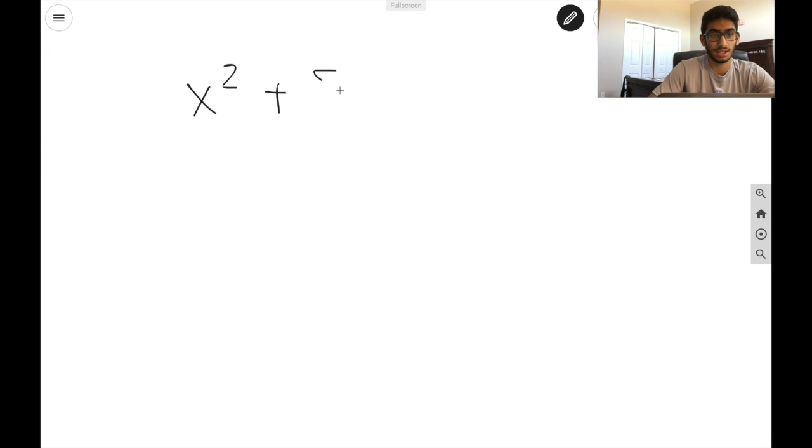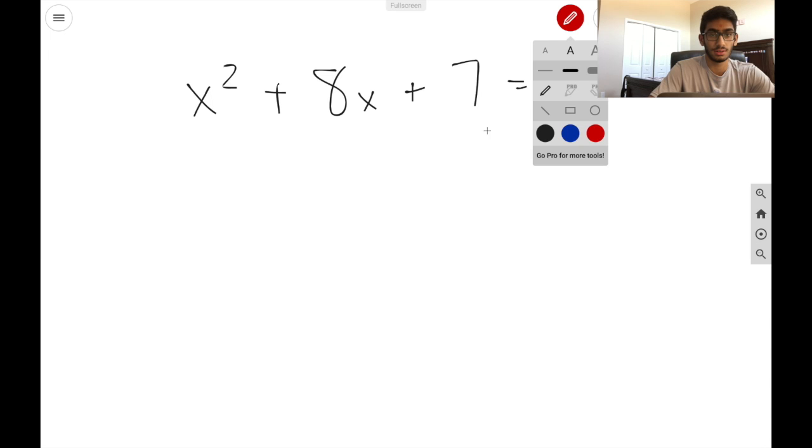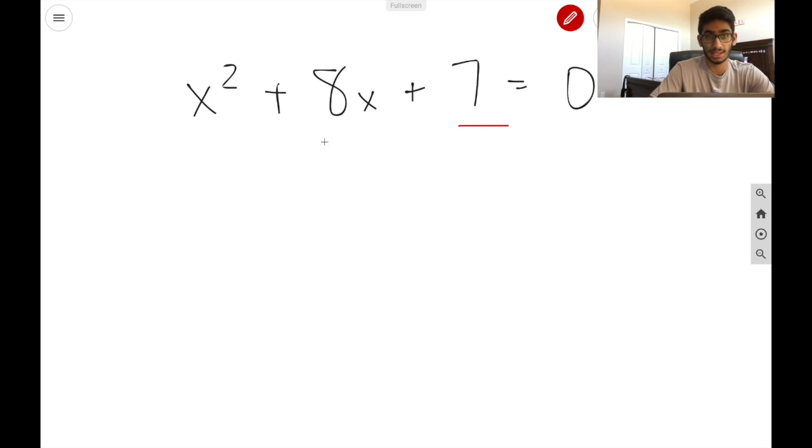So I have x squared plus 8x plus 7 equals 0, and the question says to factor and solve. So how would we do this? First of all, we want to find what two numbers multiply to give you 7 and add to give you 8.